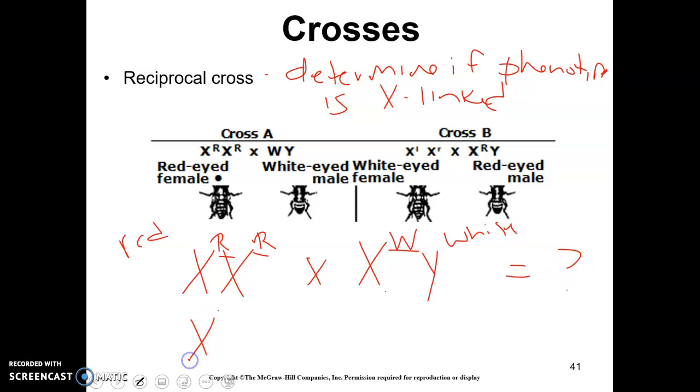What you would do is make her white and him red to figure out if the ratios in the offspring change, okay? So you're going to change the phenotype according to the sex of the organism to see what happens in the progeny, and that will tell you if it's X-linked or not.